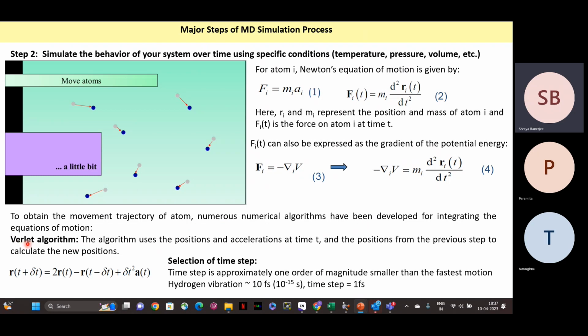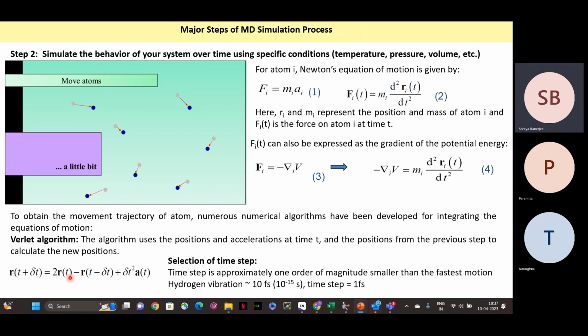The most common way to get that is called the Verlet algorithm. This algorithm uses the positions and accelerations at time t and the position from the previous step to calculate the new positions.